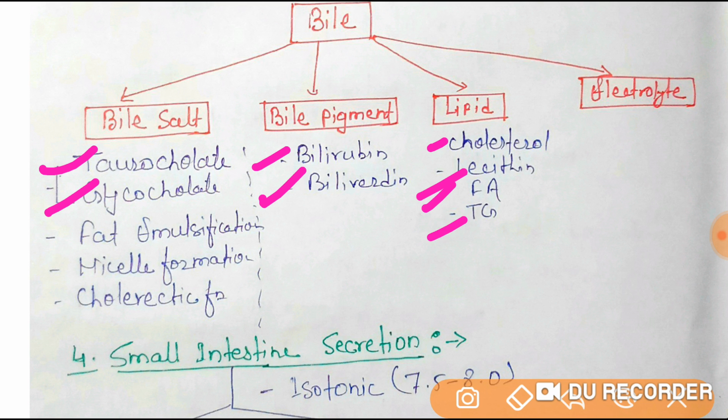Electrolytes include sodium, chloride, bicarbonate, and most types of electrolytes. We are discussing the main things related to your exam. The bile salt has the property and function to emulsify fat and form micelles, which is a function of the cholecystic function.